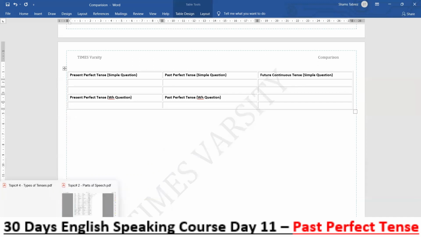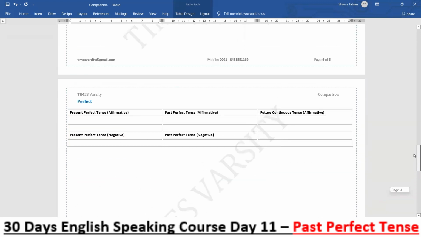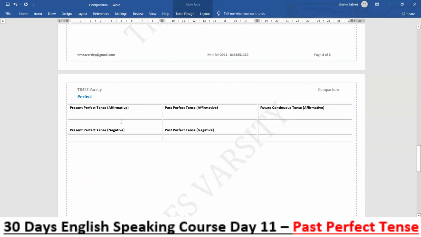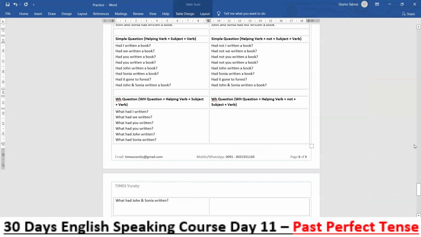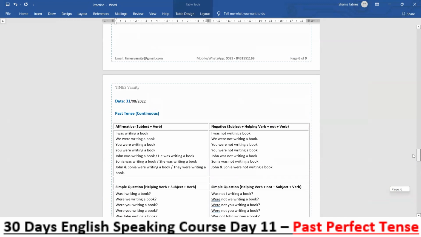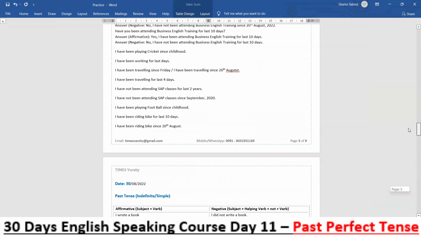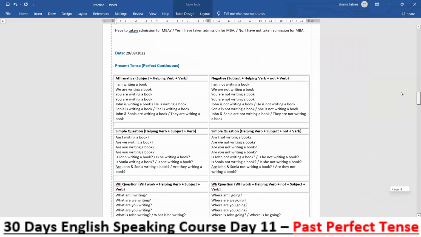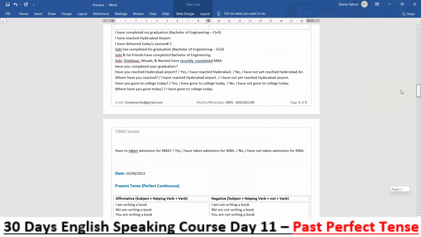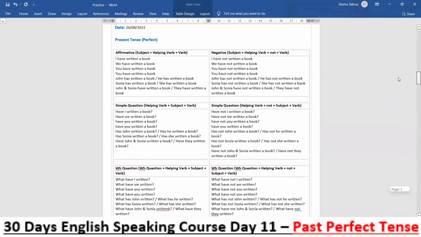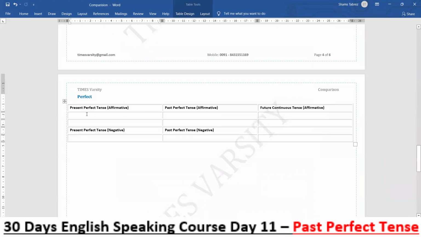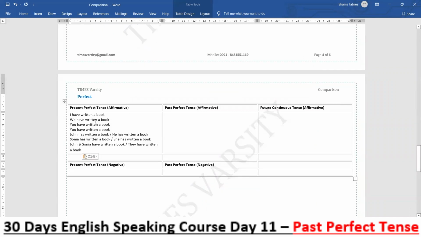Okay, so first of all, present perfect tense. Go to present perfect tense. This is present perfect tense affirmative.